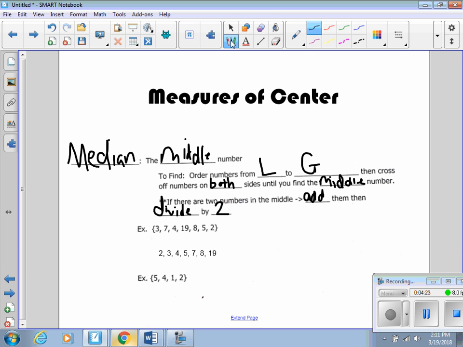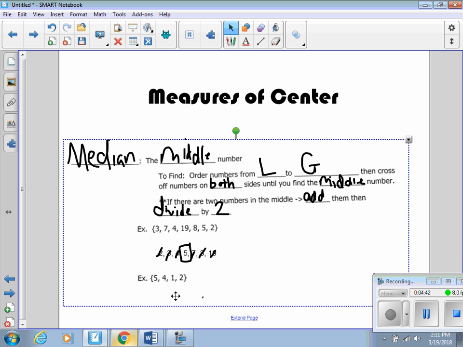And then, in order to find the median, I'm going to cross them off. 1, 2, 2, 3, 3. And I'm left with one number in the middle, which is my median here. And that number is 5.